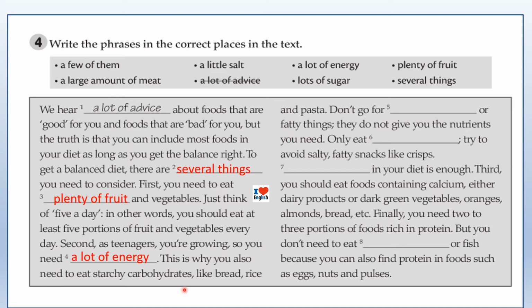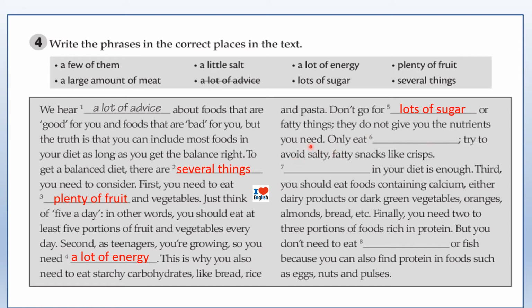Among carbohydrates, there are 2 types of food you shouldn't go for, which are lots of sugar or fatty things. So when you eat carbohydrates, please don't go for lots of sugar or fatty things. They don't give you the nutrients you need.